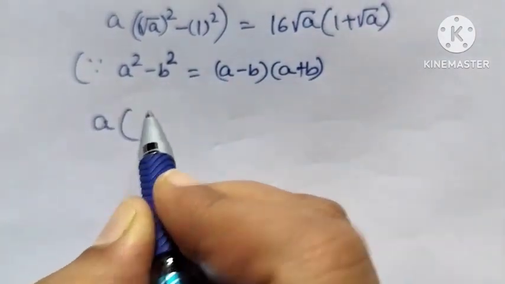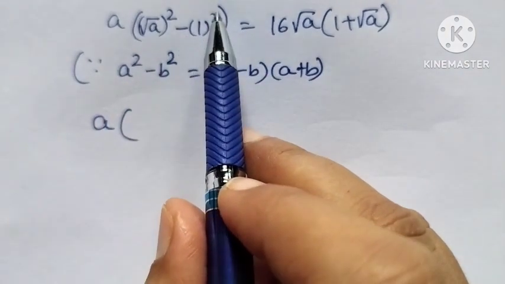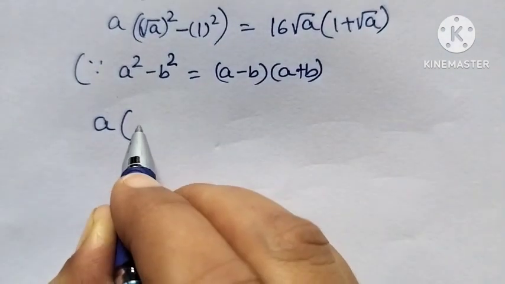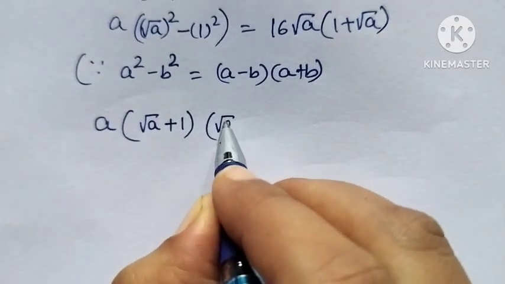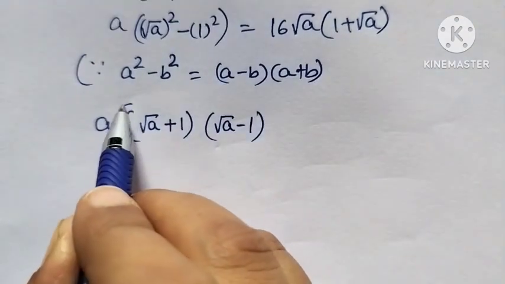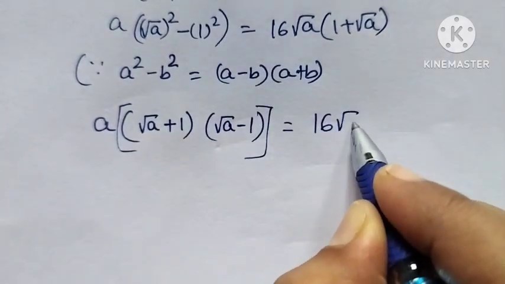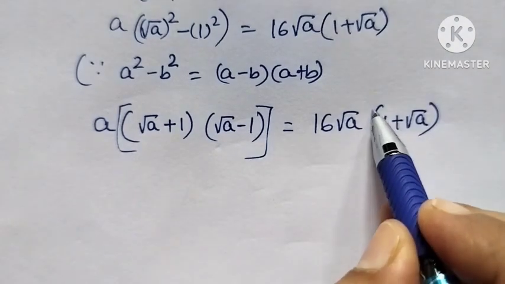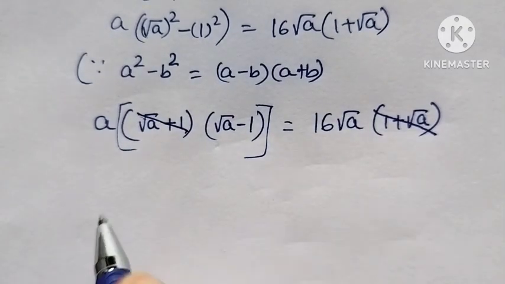Then root a square minus 1 square, then it is a square minus b square. It is a plus b, meaning root a plus 1 and root a minus 1, is equal to 16 root a into 1 plus root a. 1 plus root a on both sides, the LHS and RHS, is cancelled.